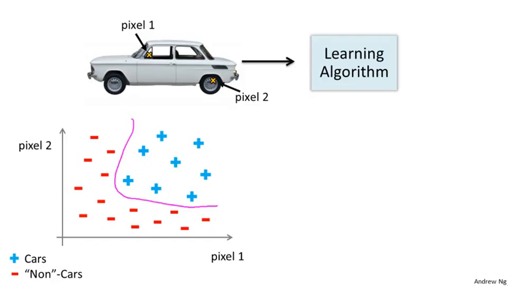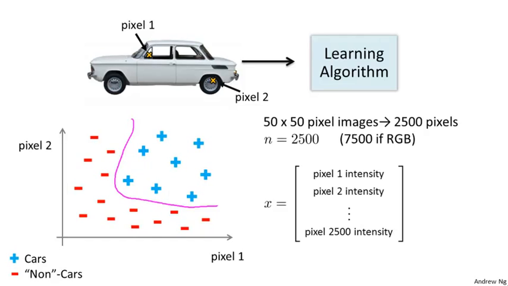What is the dimension of the feature space? Suppose we were to use just 50 by 50 pixel images. That is, suppose our images were pretty small ones, just 50 pixels on the side. Then we would have 2500 pixels, and so the dimension of our feature size will be n equals 2500, where our feature vector x is a list of all the pixel intensities, the pixel brightness of pixel 1, the brightness of pixel 2, and so on, down to the pixel brightness of the last pixel, where in a typical computer representation, each of these may be values between, say, 0 to 255, giving us maybe the grayscale value.